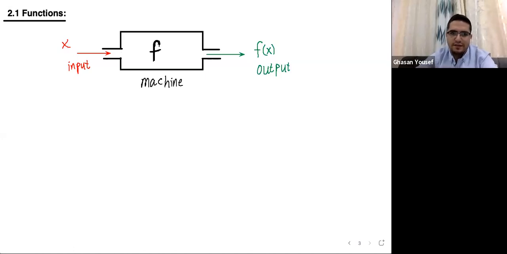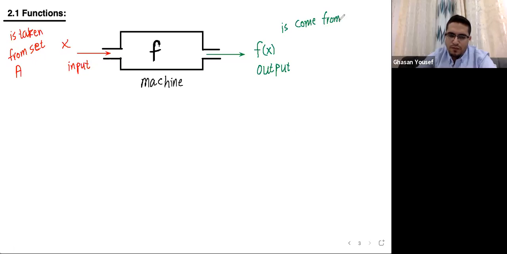Let's call it the set A. So this is taken from the set A. And f of x is also coming from the set B.